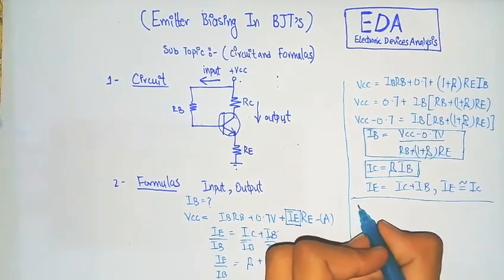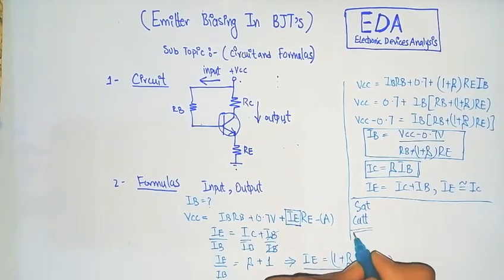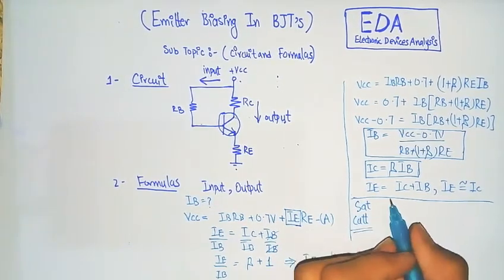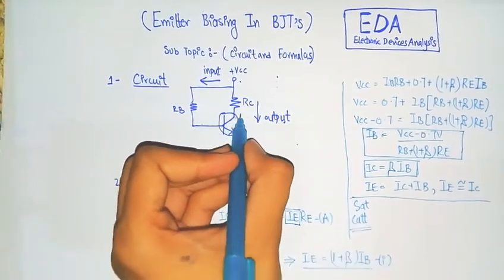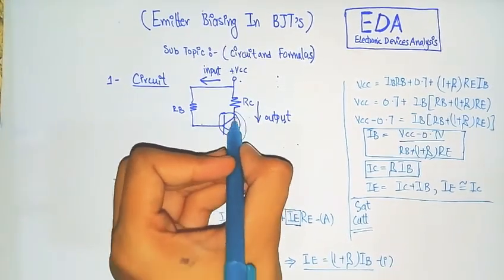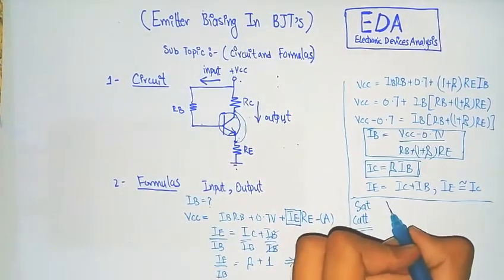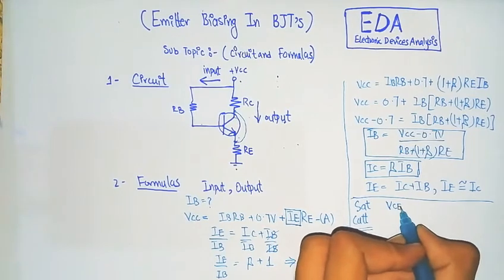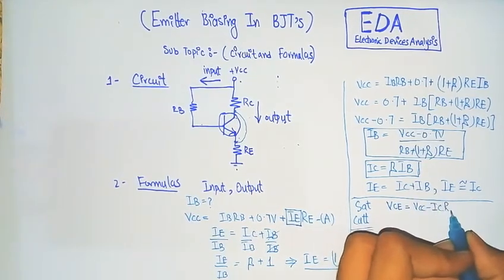Now we will see the saturation region and the cut-off region of the transistor. In the saturation region, the VCE junction will behave like a short circuit. As you already know, VCE will be equal to VCC minus IC into RC.